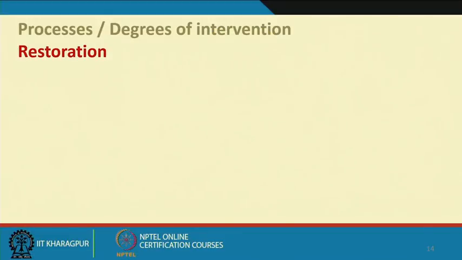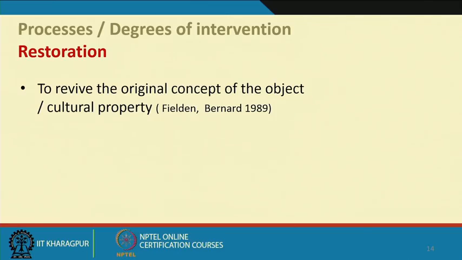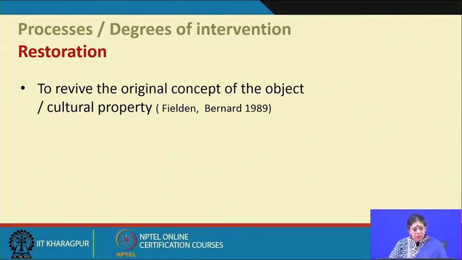Now, let us talk about the next intervention method, which is restoration. So, what is restoration? I am using two definitions of restoration. The first is given by Sir Bernard Feilden. What he is saying is to revive the original concept of the object or the cultural property.